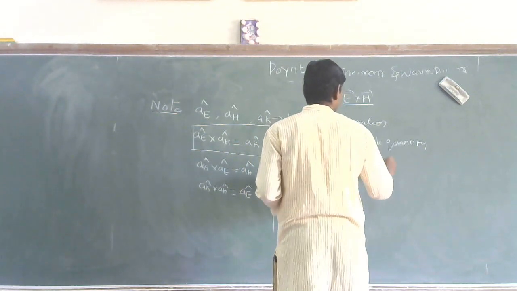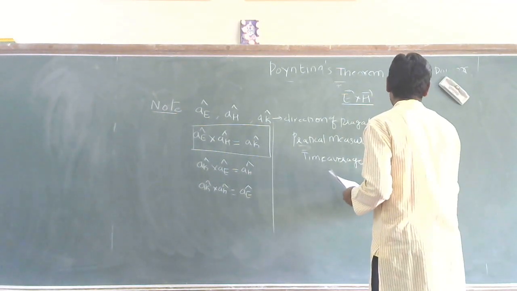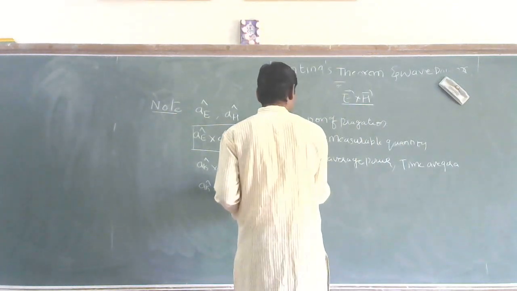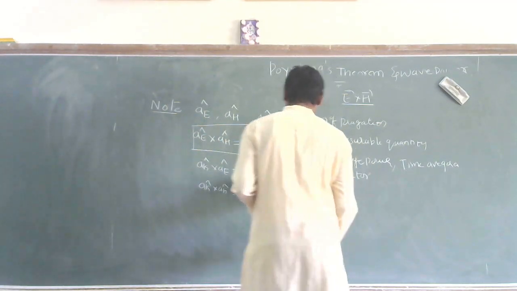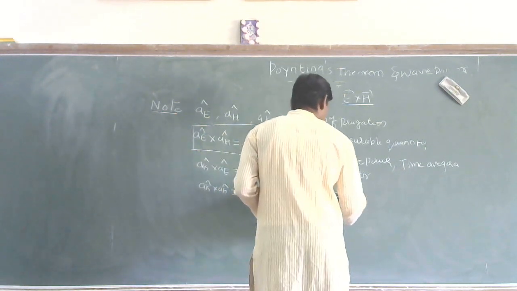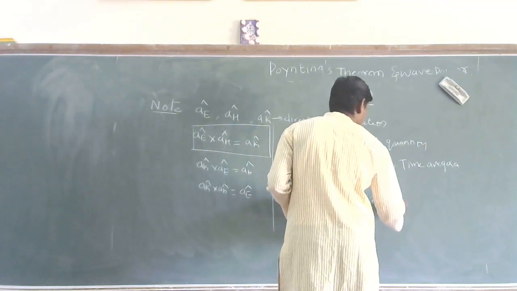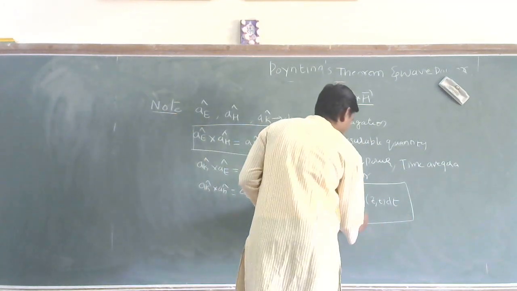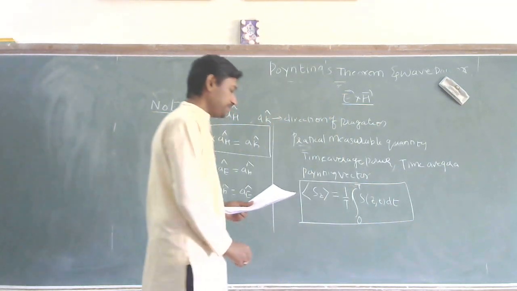So we would like to define the time average Poynting vector, denoted within brackets as S. That is the integration of S, which is a function of both space and time, averaged over one time period.